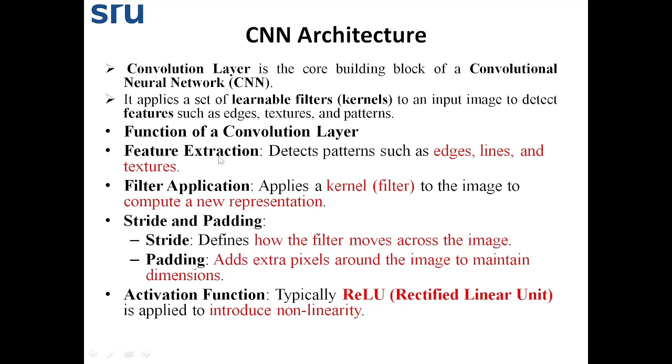Here, feature extraction. It detects patterns such as edges, lines, and textures. Then filter application. Here the kernel filter is applied to the image to compute a new representation. Then stride and padding. Stride means how the filter moves across the image. Padding here means adding extra pixels around the image to maintain the dimension.